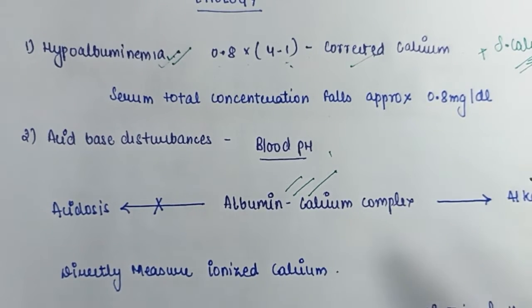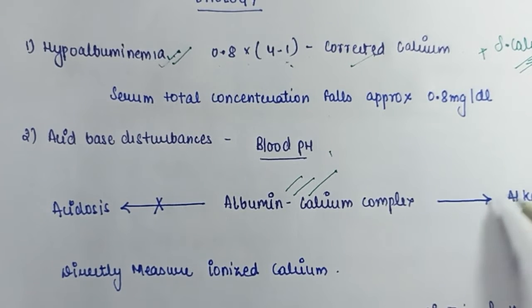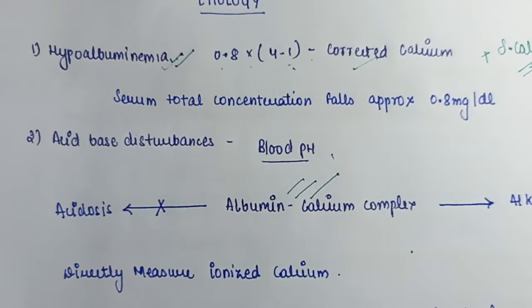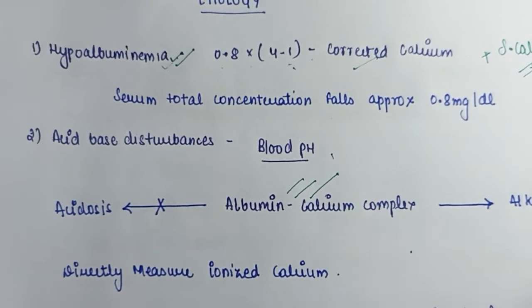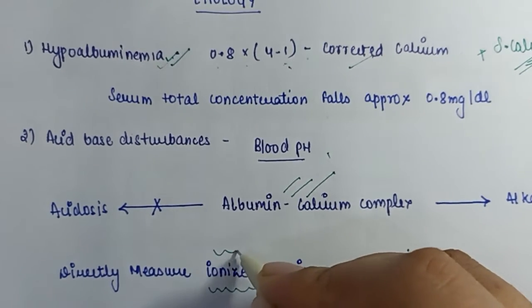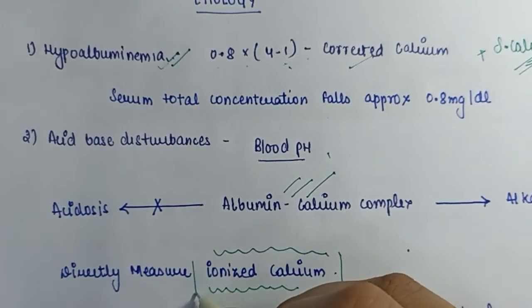So in surgical patients or critically ill patients in which there is respiratory alkalosis, the total serum calcium level cannot be used to correct the calcium. Then we have to look for the ionized calcium. So we have to directly measure the ionized calcium.